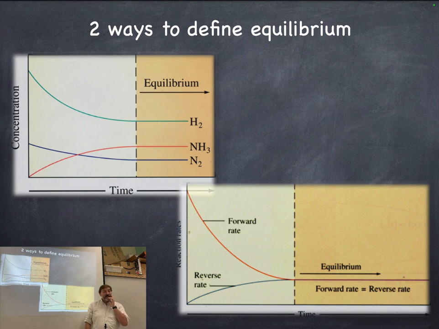But what we're really focusing on is the balance between the forward and the reverse reaction. While the forward reaction might be zero order, the reverse reaction will generally depend on those concentrations. Okay.